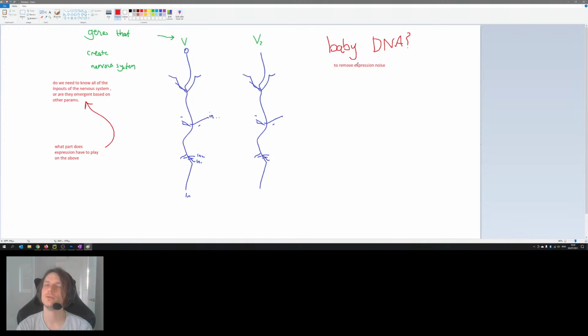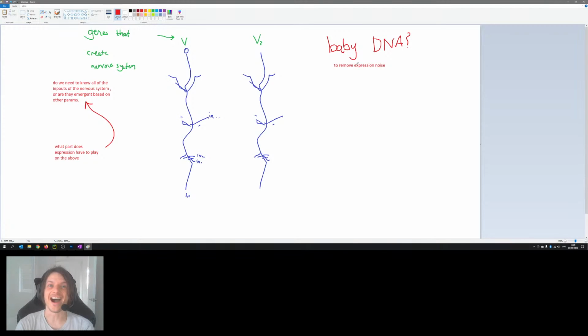Then you want to find the part that denotes the nervous system. Now this might already be studied, but if it's not, then how would you know what protein function creates a nervous system?